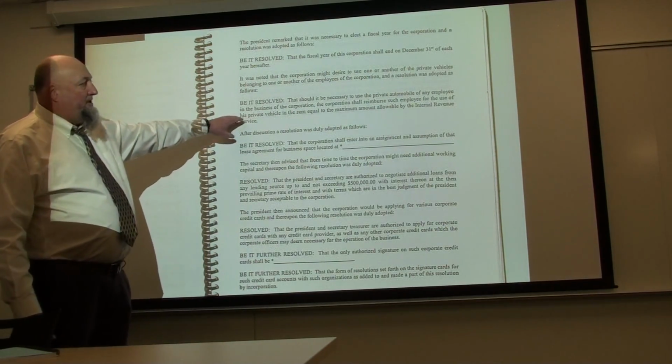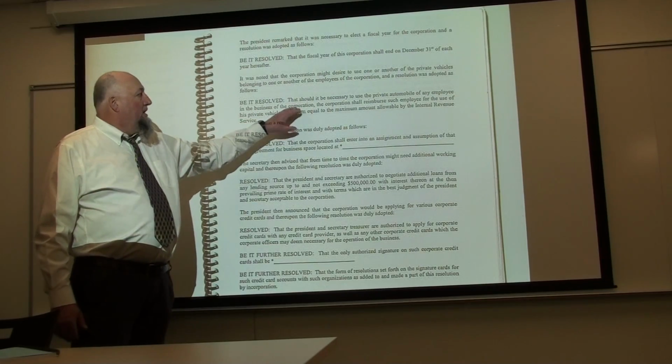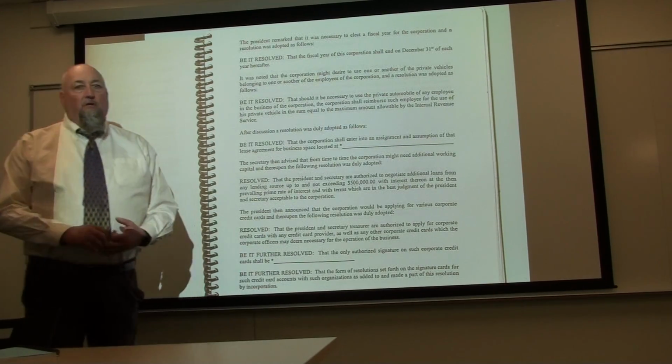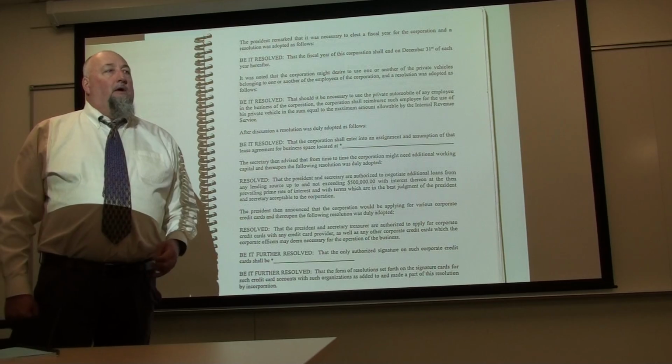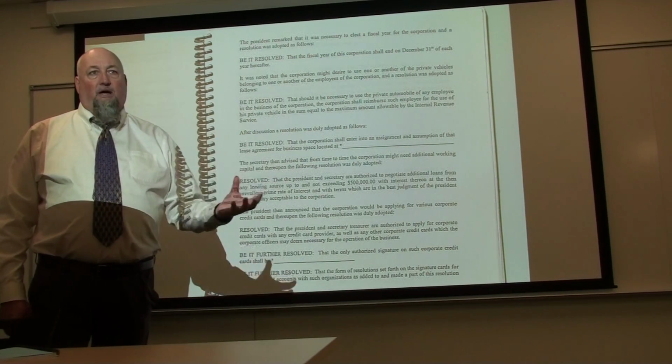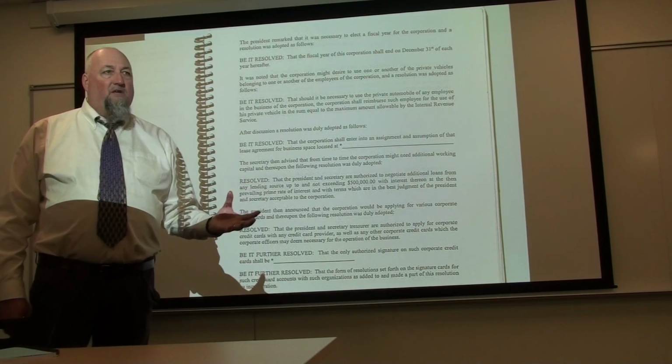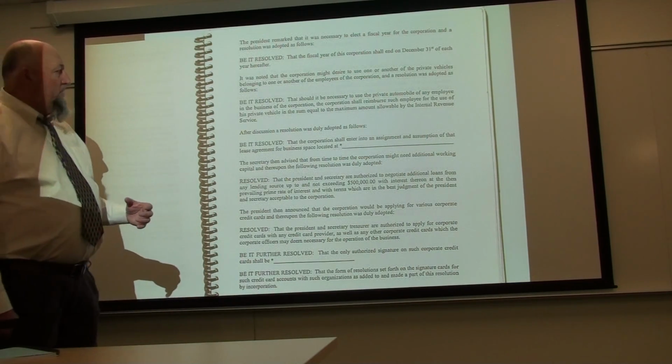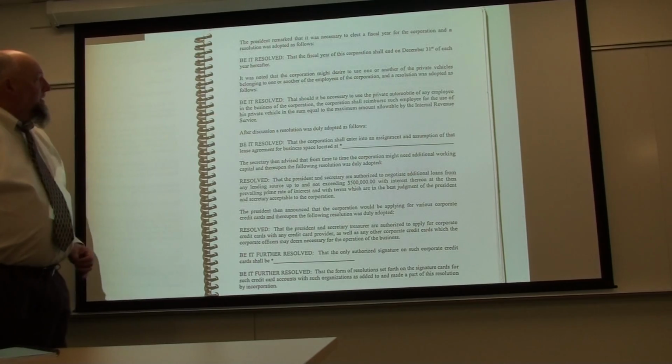Here's another resolution that's pretty common in a small business, and that's for reimbursement for the use of your private automobile. That way, if you're using your car or whatever, you can deduct those miles at the IRS rate. I think it's 58 cents a mile, which probably will go up with fuel prices.